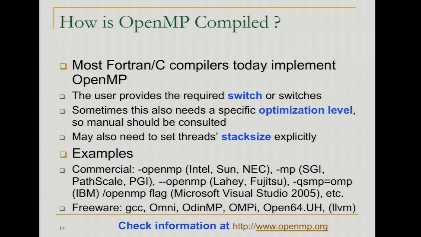You don't need to go and get anything separate, but you're going to have to provide a specific switch. And they're not standard, so they're slightly different depending on the compiler that you use. So you'll have to look at the manual to find out what switch to use. Sometimes you have to also set an optimization level. So you might discover that you have to put this particular switch or flag and O3 or something else to make it work. We'll come back and talk about stack size later.